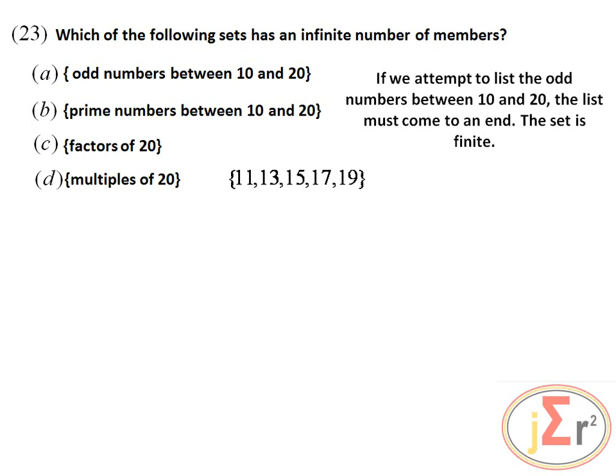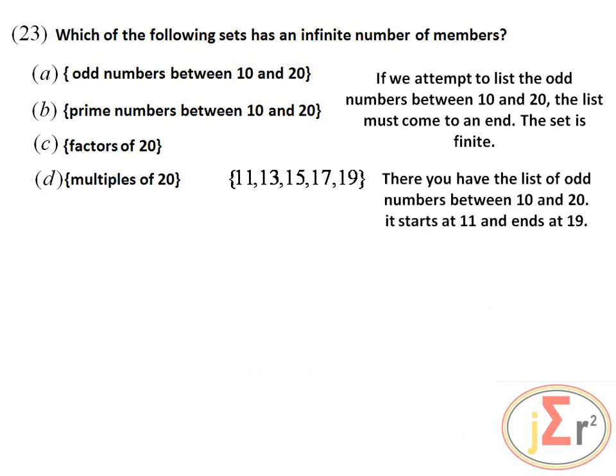And those odd numbers between 10 and 20 are 11, 13, 15, 17, and 19. There you have the list of odd numbers between 10 and 20. It starts at 11 and ends at 19. It is finite.